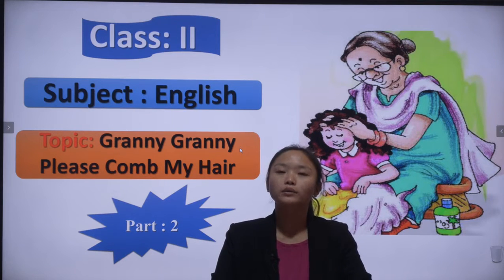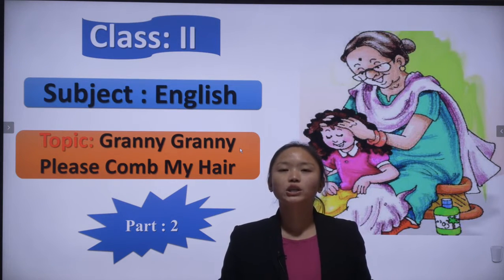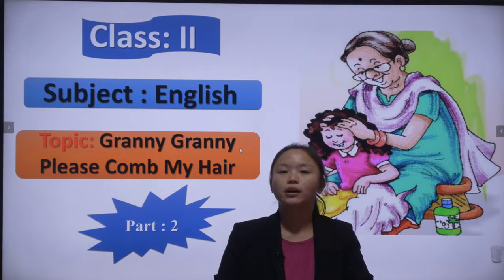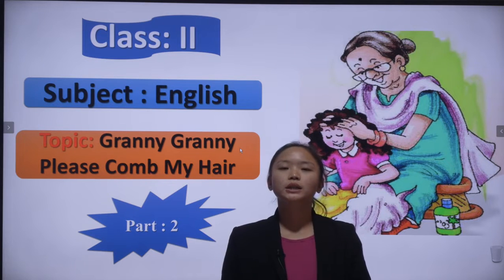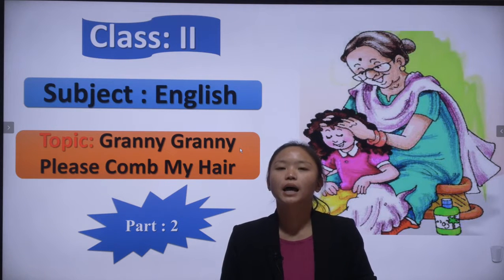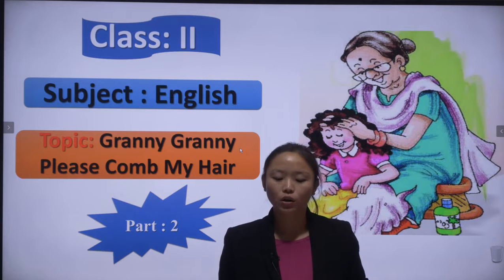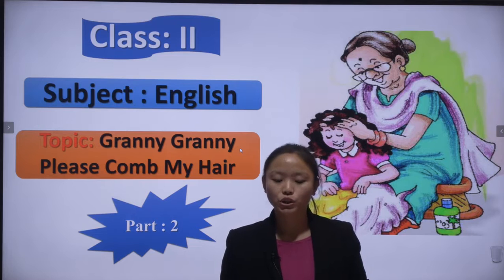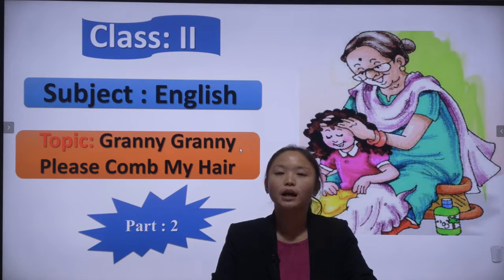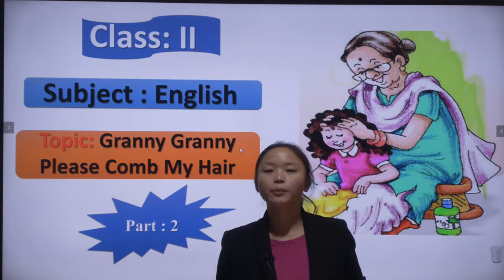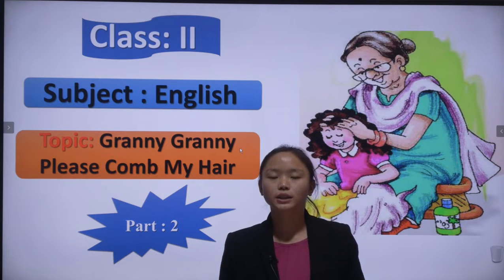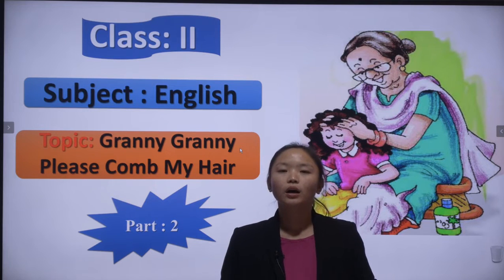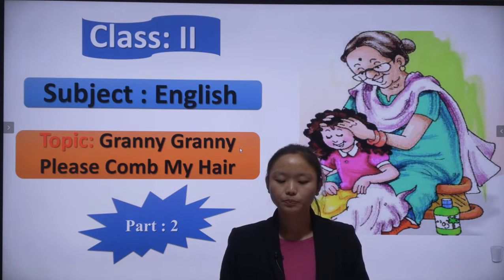And when she asked her granny to comb her hair, what does the granny do? The granny put her to sit on the cushion between her knees, है ना. उसके घुटने के बीच पर उसे रखकर क्या करती थी? उसे तेल लगा देती थी, है ना. उसे कोकोनट ऑयल लगाती थी.